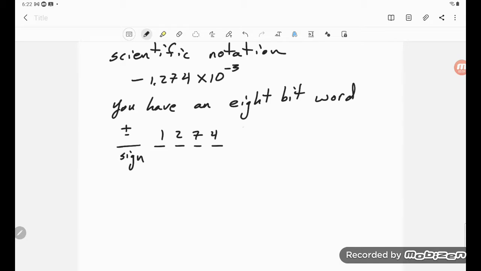Then again, I'm going to need something for my exponent sign, a plus or minus. And then suppose I need 2 digits for the exponent, and here it would be like 0.3, something like that. There I've used up 8 bits. Okay, so that's all the room I have.